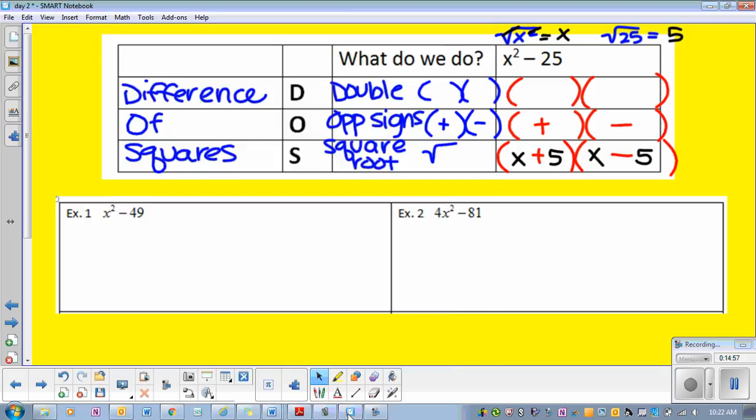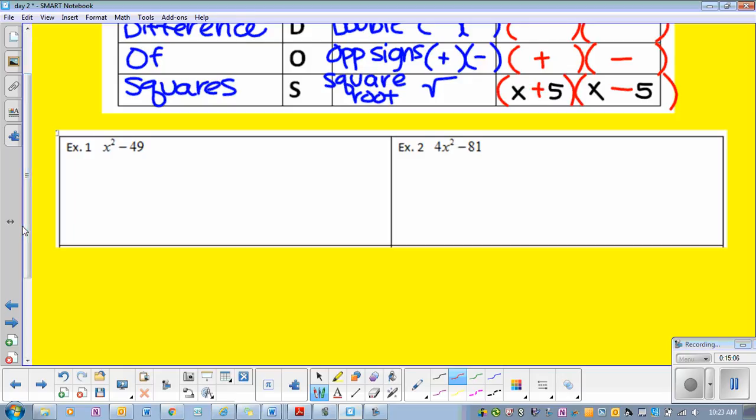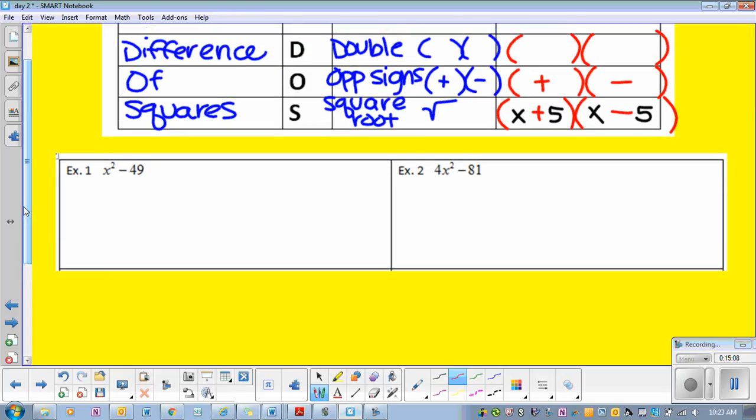Let's try another example. Example 1, x squared minus 49. Do I have two terms? Yes. Are they subtract? Yes. Are they both perfect squares? Yes. Good. So double parentheses, opposite signs. Guys, what's the square root of x squared?